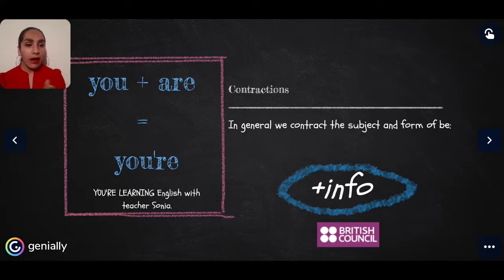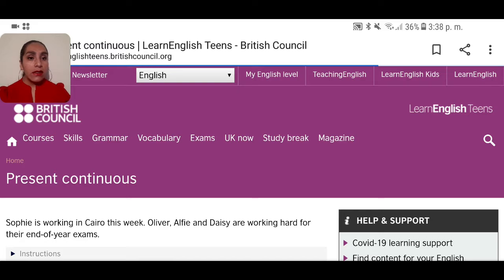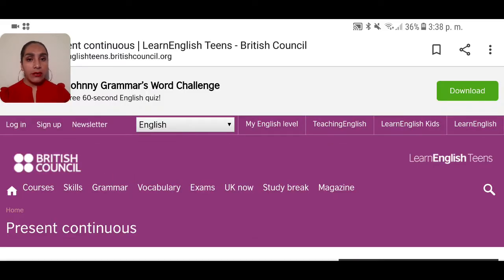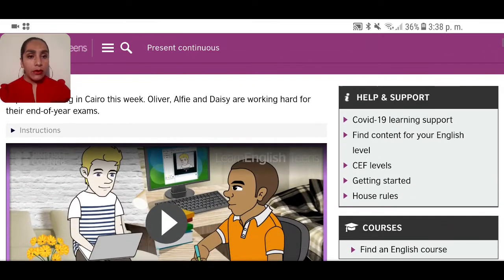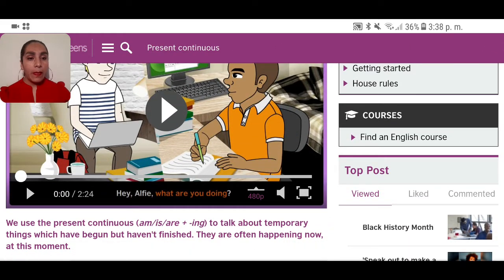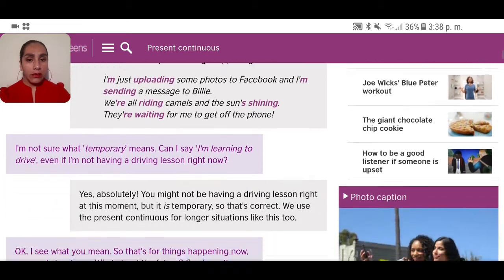Here you have an extra material which you can visit. It's the British Council web page, and here you can find additional material in order to practice the present continuous tense. Si ustedes visitan esta página del British Council van a encontrar un video con una conversación sobre las estructuras del presente continuo.